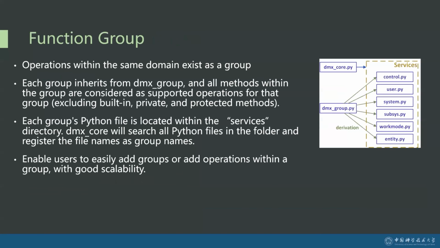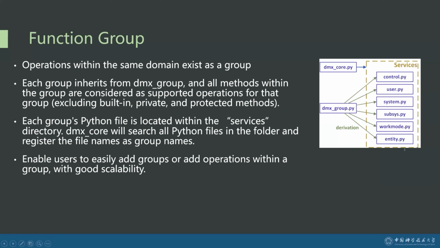In our main control software, operations within the same domain will be defined in a group. For example, the control group. In the control group, we define all the operations for experiment run control, like start, stop, or some command send. And for the user group, we define the operations about user management and role management. We define a class dmatrix group to implement the basic methods for the groups, and all the groups inherit from the dmatrix group.